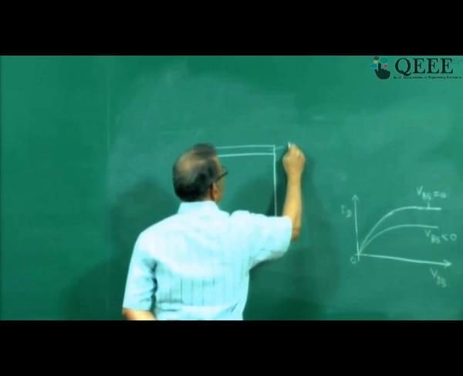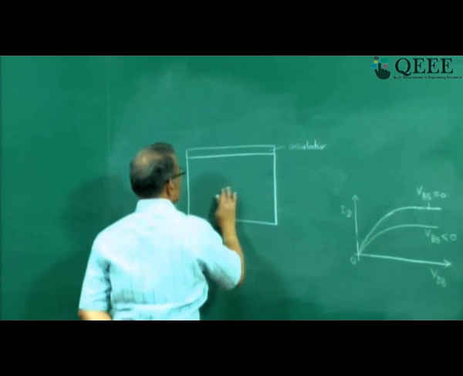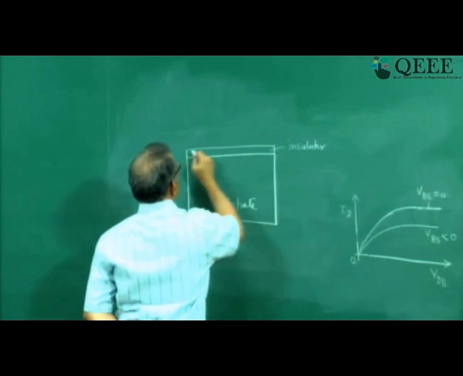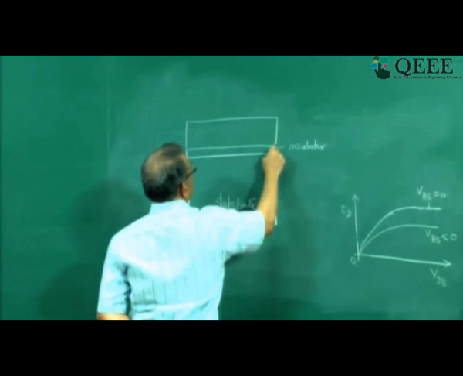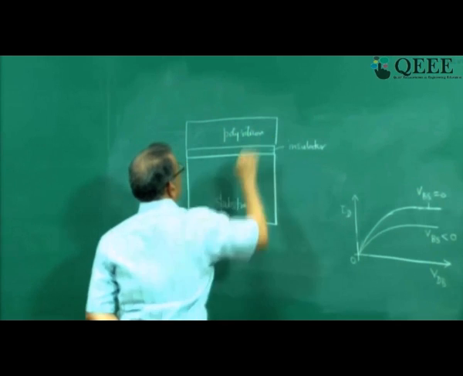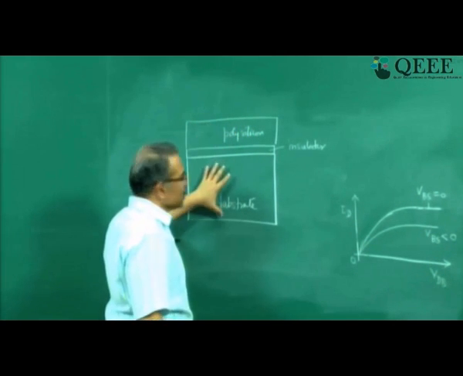This is the insulator. This is the substrate. And this is your gate, which is polysilicon. Now, this insulator should be deposited on the substrate.